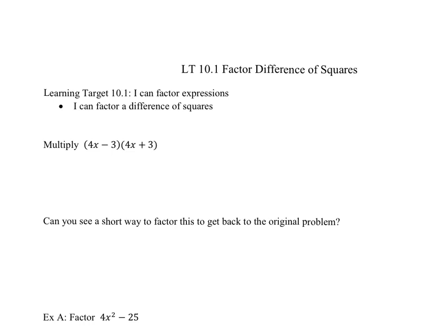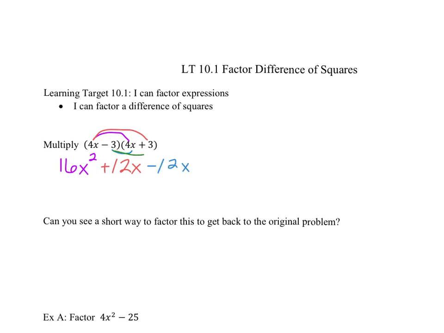So when we do our multiplication, our 4x times 4x gives me 16x squared. And then I do 4x times 3, which gives me positive 12x. And then I'm going to do negative 3 times 4x, which gives me negative 12x.